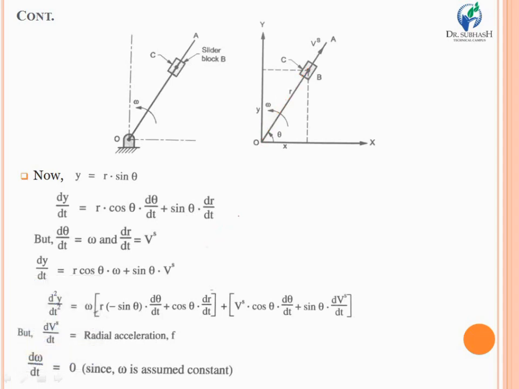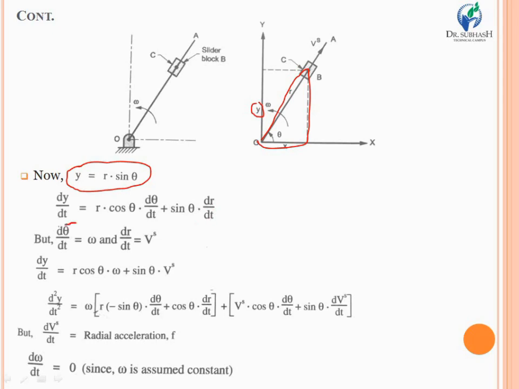By taking the triangle and converting the entire relation in terms of y, we get y is equal to r sin theta. Now we differentiate this relation, so dy upon dt is equal to r cos theta into d theta upon dt plus sin theta into dr upon dt.